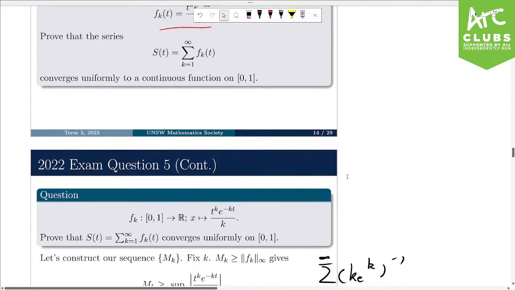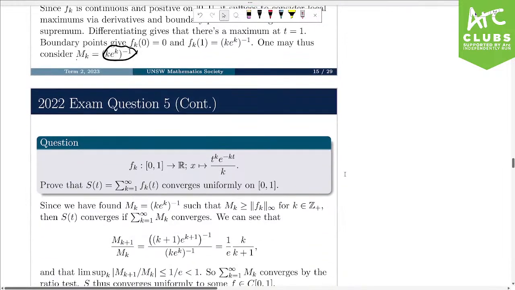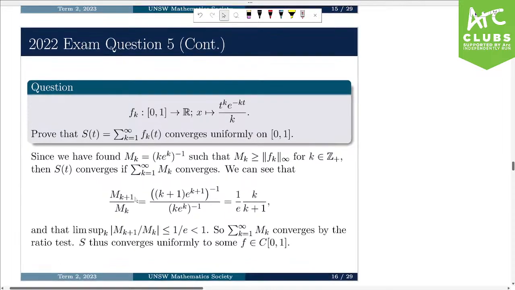So first we'll show it with the ratio test. If we take the ratio of consecutive terms, we see that it's equal to this, and we're interested in the limit superior of this sequence.